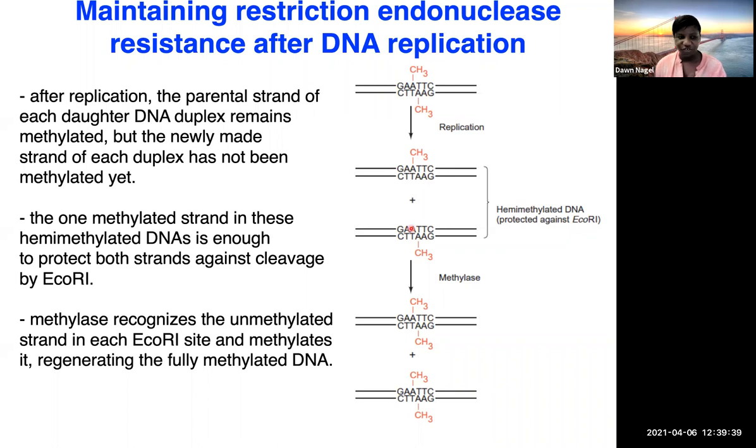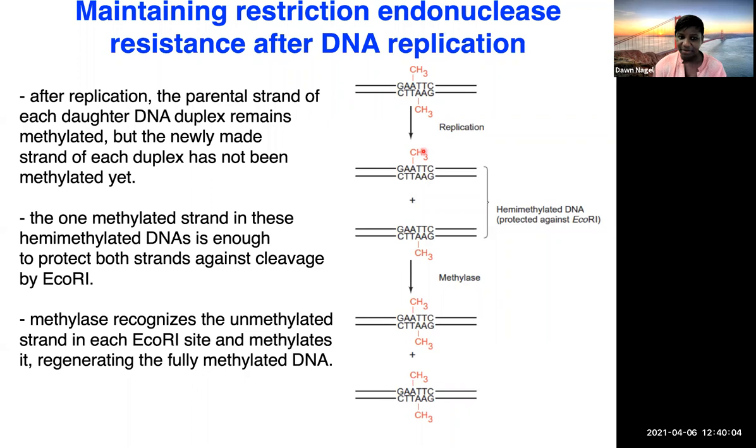During DNA replication in bacteria, you need to maintain this methylated state so that these enzymes don't randomly start chewing up your DNA. So even though when you replicate the DNA you only have 1 methylated strand, that 1 strand is sufficient to prevent cleavage of that DNA by those endonucleases.